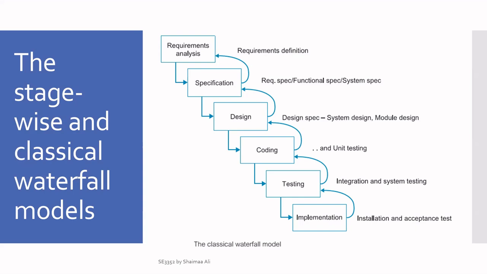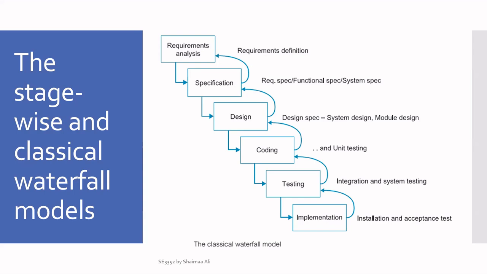Now you see this arrow that's coming back, that was added later. At the beginning, it was just a one-way kind of model, and there is no going back from one stage to the other. There's no planned or budgeted going back to any stage. Obviously that didn't work.